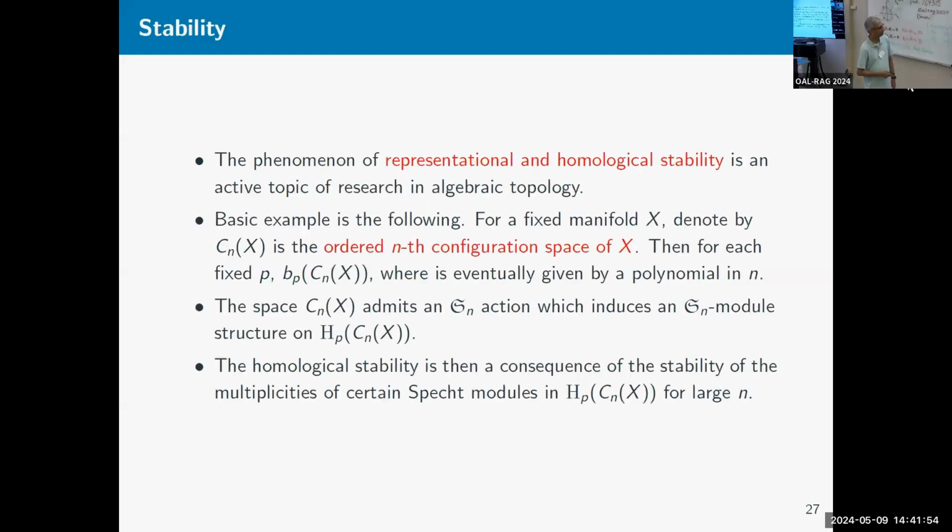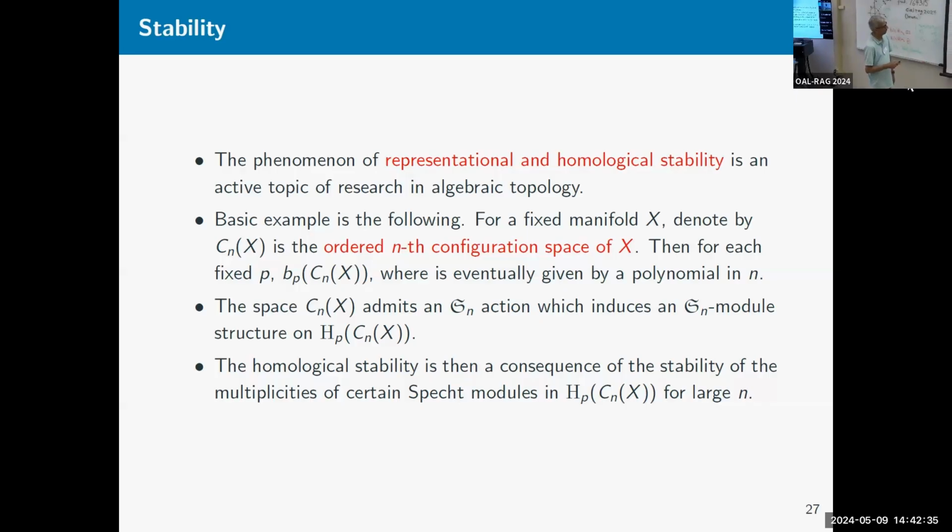Now I want to talk about something on stability, and this is where the application of multi-affine comes in. There is something in representation theory which is called representation stability. A basic example of representation stability is the following. Maybe we assume that we have a compact manifold X. This is the nth configuration space of X, which is just taking the product of X n times and deleting the diagonal.